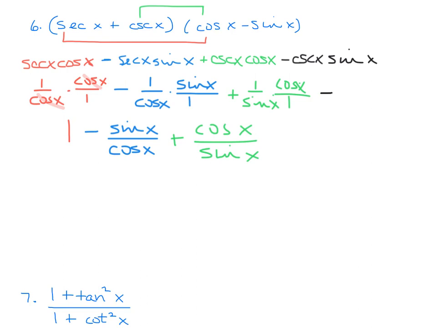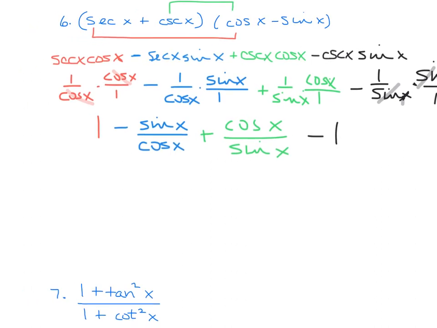And again, I'm going to change the black. The reciprocal of cosecant is sine. So I'm going to write 1 over sine. And then times sine x. These will simplify. This becomes a minus 1. Good? Because negative times positive is negative.